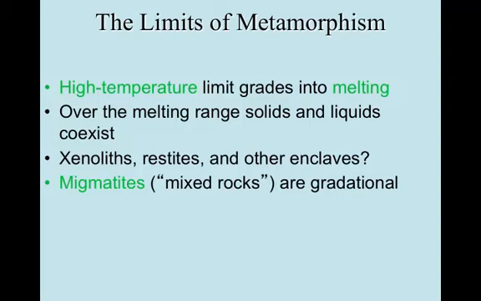And when you start to get partial melting in a metamorphic rock, that mixture of melt and rock is called a migmatite. And so it's a gradational process between going from metamorphic processes to igneous processes.